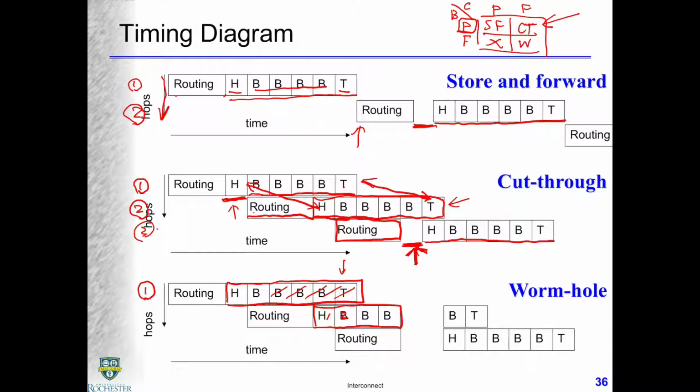So this is, in my example, the routing takes the amount of time for 3 flits to arrive. If the routing takes the time for 1 flit to arrive, then in the typical case, I only need to buffer 2 flits because the downstream node would be sending H here, B there. So by the time H is sent, I don't need its buffer. I can reuse that to store the next one, okay?